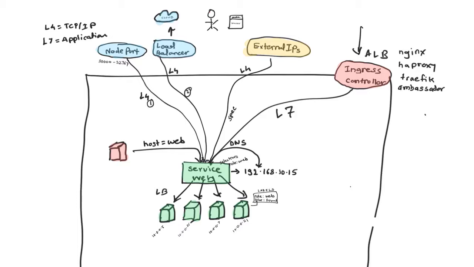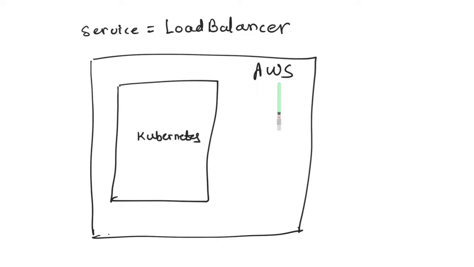For example, if you create a load balancer type of service on AWS cloud, it will automatically create the ELB. ELB is a layer 4 network load balancer on AWS cloud. And not only will it create the load balancer, it will also add the listeners, configure it to send traffic to the nodes, and do all the configuration which is needed. And that's all seamless and automatic.